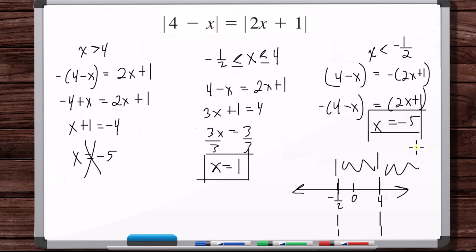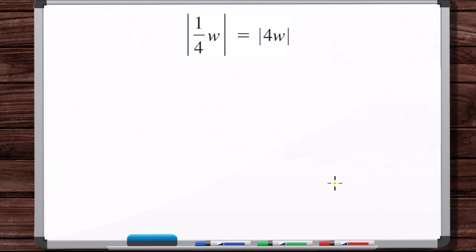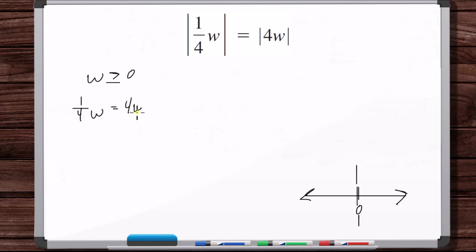You see? Okay. So for the crossover points here, we just have one crossover point. They both cross over at 0. So let's do w is greater than or equal to 0. Then we've got 1/4 w is equal to 4w.